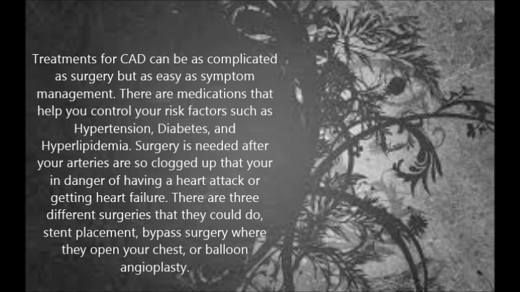Surgery is really needed after your arteries are so clogged up that you're in danger of having heart attacks, heart failure, or even heart tissue damage. There are three different surgeries they could do if you end up getting that far: a stent placement, a bypass surgery where they open up your chest, or a balloon angioplasty. But all of these are effective treatments for coronary artery disease.